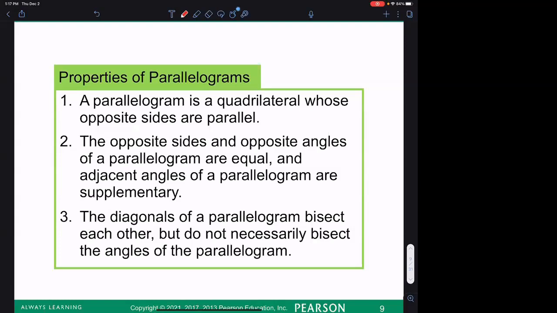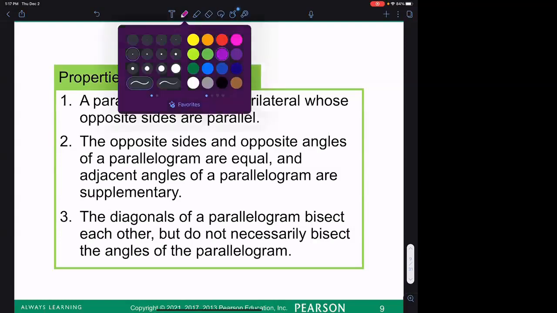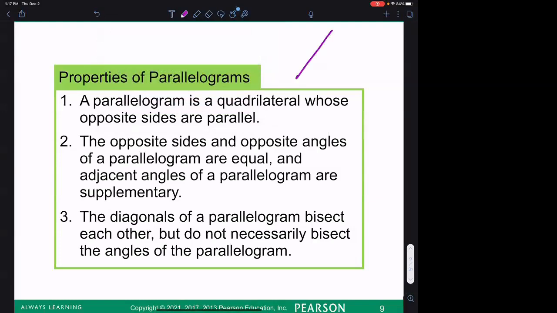So if I have opposite sides and it's a quadrilateral and they're the same length and the same direction, then you get a parallelogram. So opposite sides are parallel. Opposite sides and opposite angles are equal.